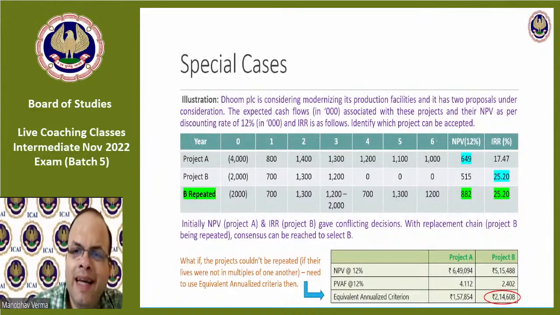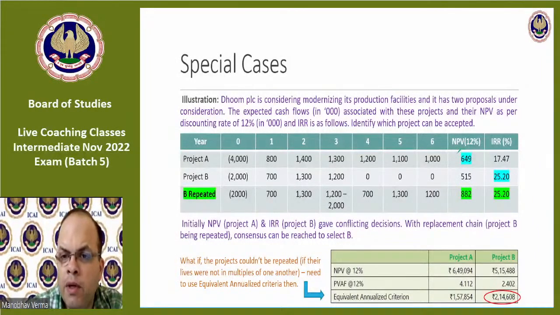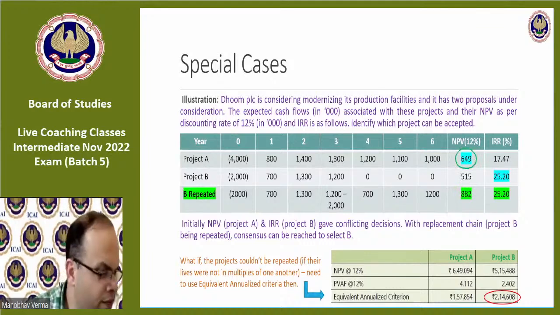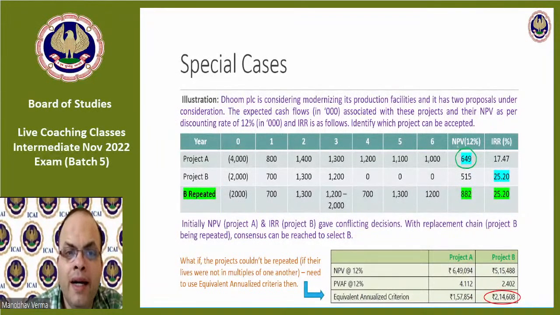It suggests Project A. The section I've highlighted in blue here, as per the NPV, Project A is definitely selected. But in terms of IRR, Project B is selected. But Project B is only of 3 years.